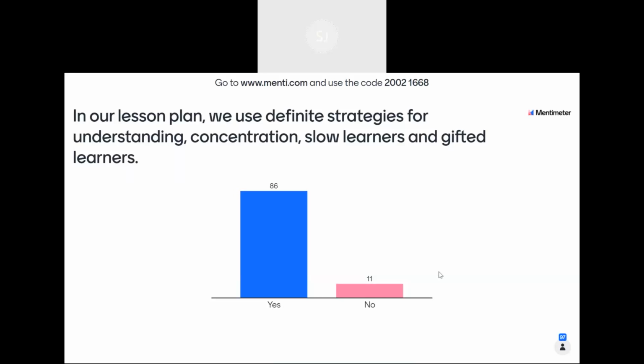Overall, I can see that many of the schools and educators are using strategies in the lesson plan itself, not as remedial classes, not as NTSC training or Olympiad training. That's excellent. So let us appreciate everyone and we can clap for everyone. That's good.